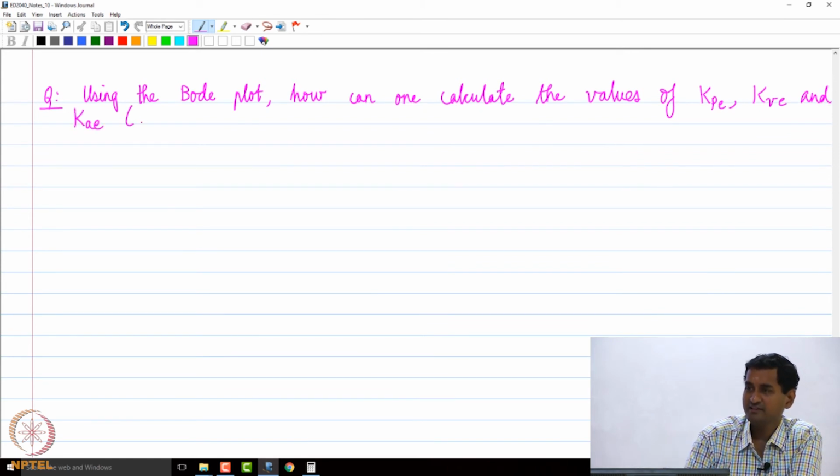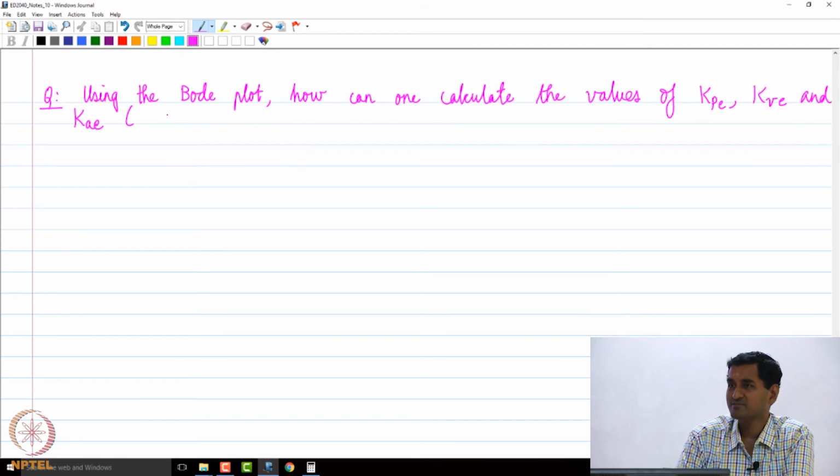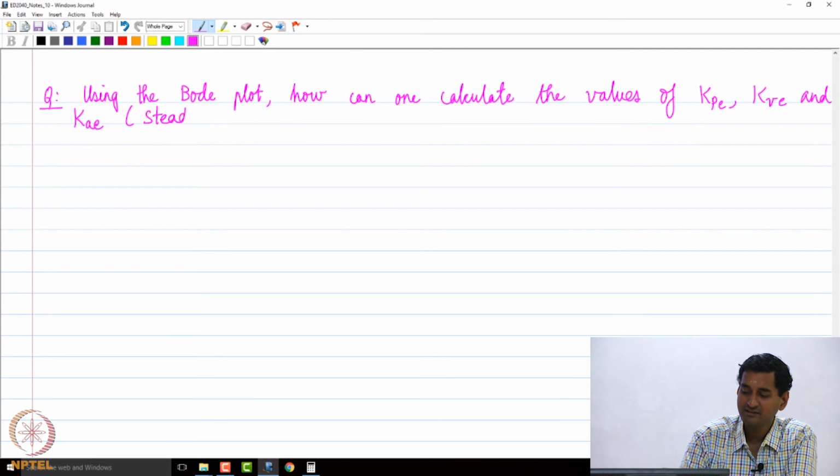I hope I am using the same symbols. KPE was the static position error constant, KVE was the static velocity error constant, and KAE was the static acceleration error constant. You remember when we did steady state error analysis, please refer to those notes. I am hoping that I am using the same symbols, okay.